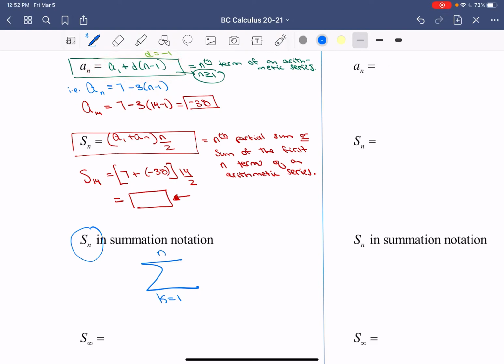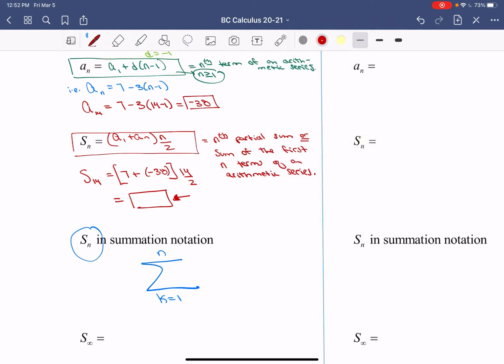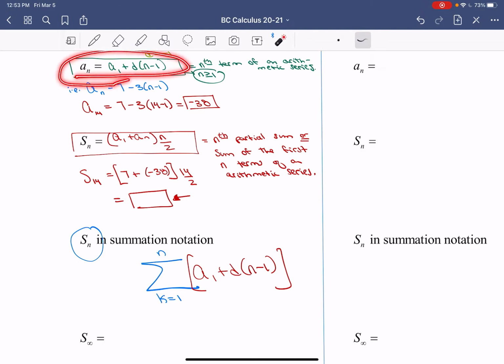Now, many of you would go ahead and do this. Many would say, okay, I want the summand here to be a sub 1 plus d times n minus 1, because you're blindly just dropping in this expression for the nth term of an arithmetic series. But look at your letters.